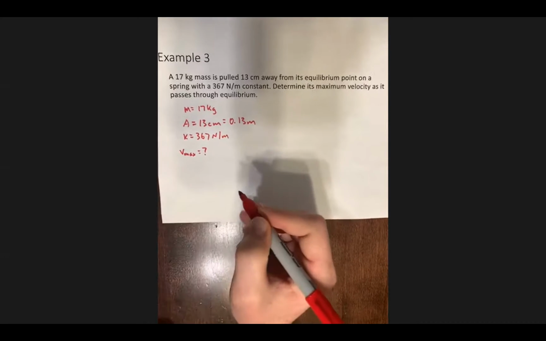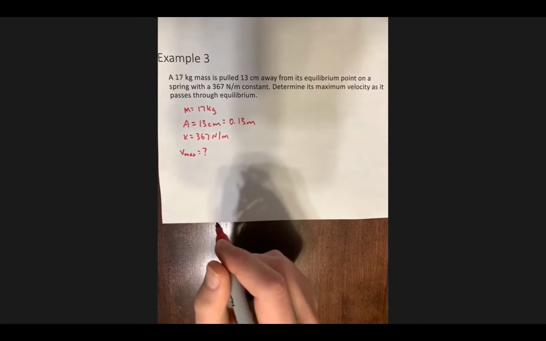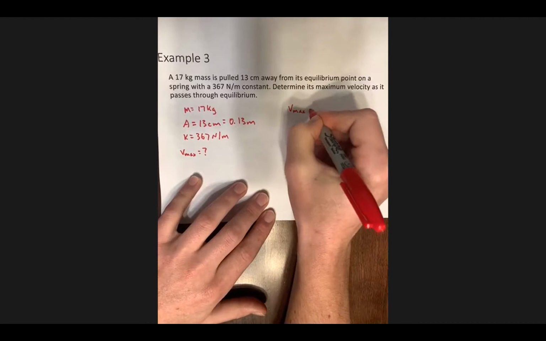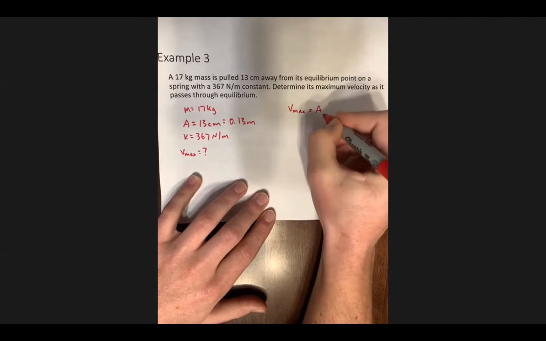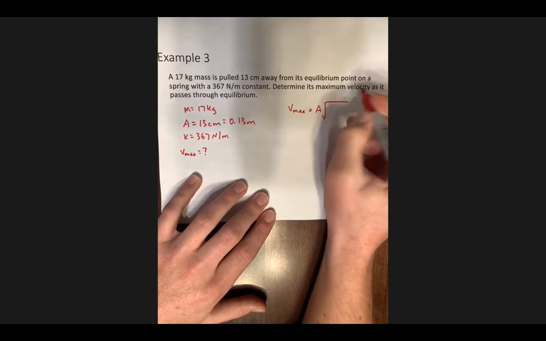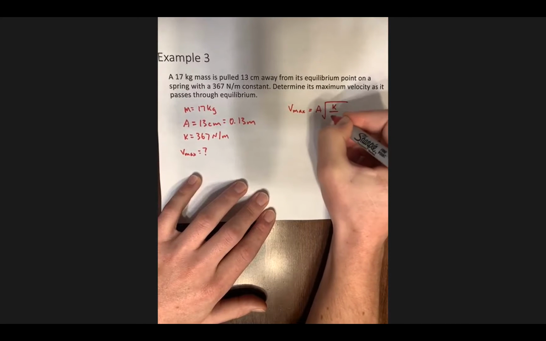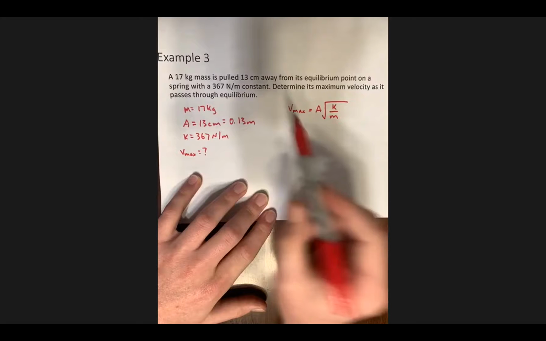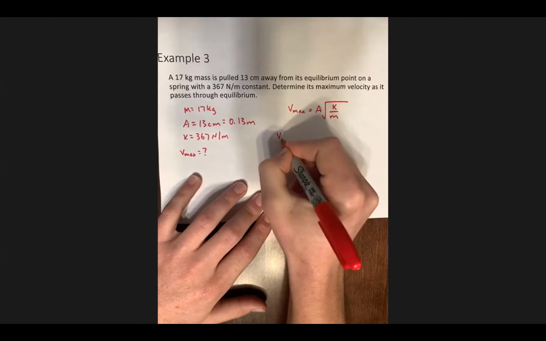Using the formula that we just talked about on the last slide, we know that v max is equal to the amplitude multiplied by the square root of k divided by m. We have k, we have the amplitude, and we have the mass, so we can just go ahead and substitute that in.